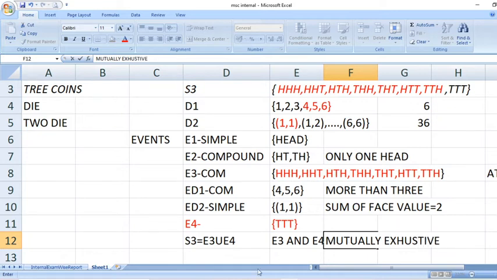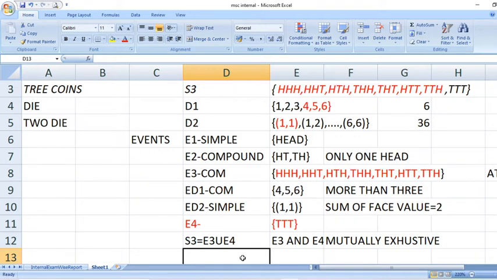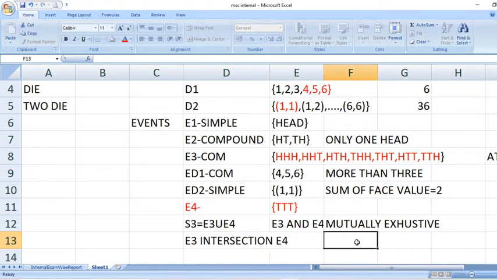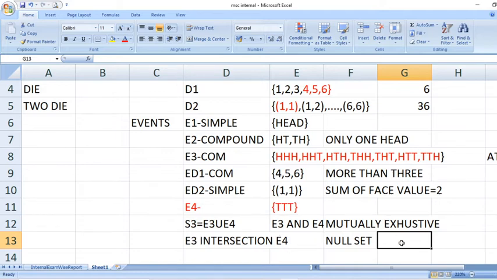At the same time, the intersection of E3 and E4 will be the null set. Intersection of E3 and E4 is the null set. So in that case, we say that the events E3 and E4 are mutually exclusive.